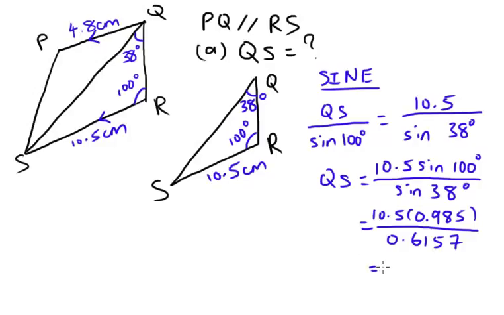So 10.5 times 0.985 divided by 0.6157. You can use your calculator to help you, and you get the answer as 16.8 cm. That is the length for your QS.